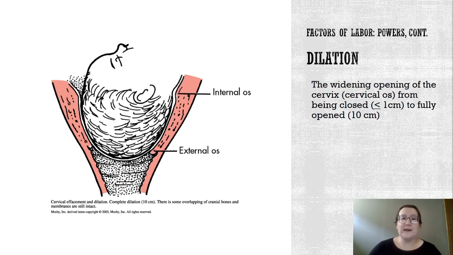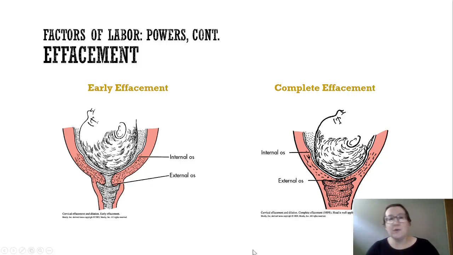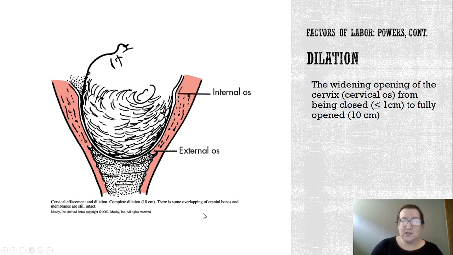Dilation is the widening process. Okay, so we've got the thinning process, where we go thin, thin, thin here, and then dilation is the widening now. It's the fully widened opening of the cervix, the cervical external os.